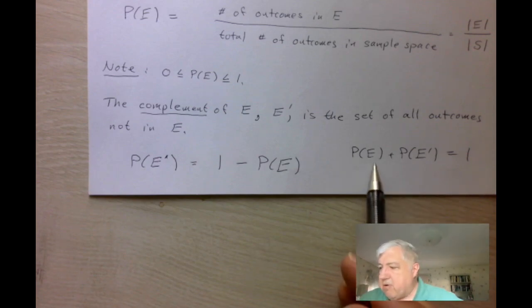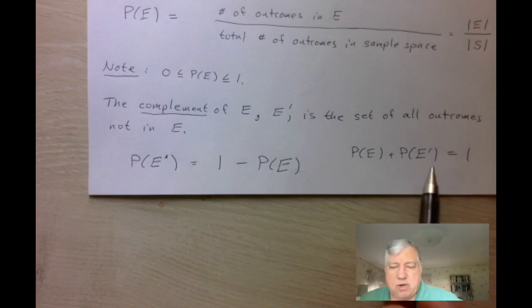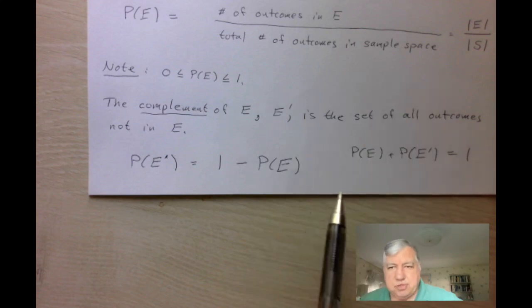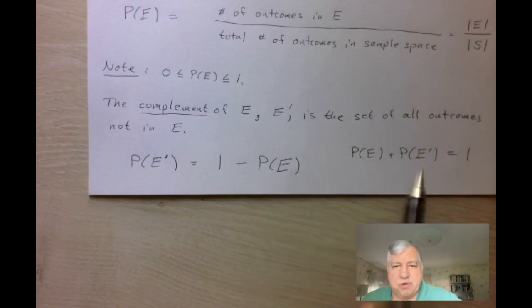So the number of outcomes in which E happens plus the number of outcomes in which E prime happens is equal to the number of outcomes in the sample space. So when you add these two numbers, you get a fraction where the numerator and denominator are equal. So that's 1.